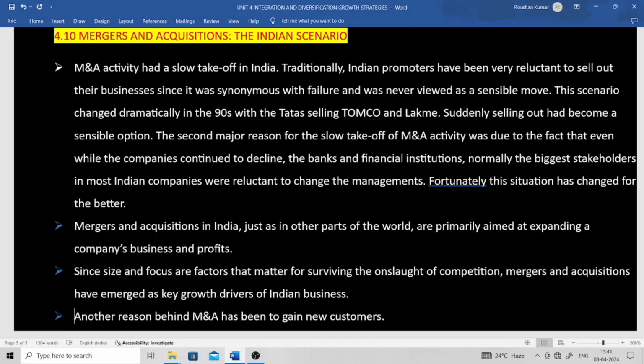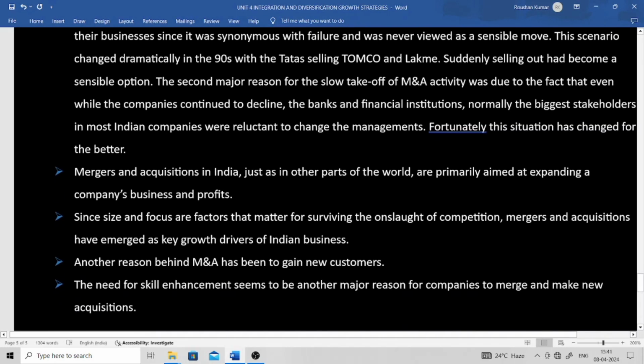So mergers and acquisitions in India, just as in other parts of the world, are primarily aimed at expanding a company's business and profits. Since size and focus are factors that matter for surviving the onslaught of competition, mergers and acquisition have emerged as a key growth driver of Indian business. Another reason behind mergers and acquisition has been to gain new customers.